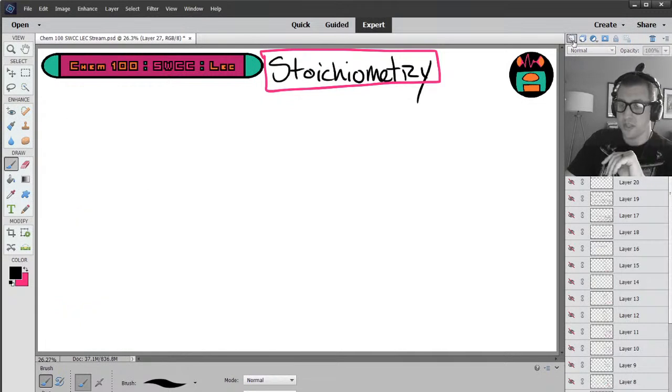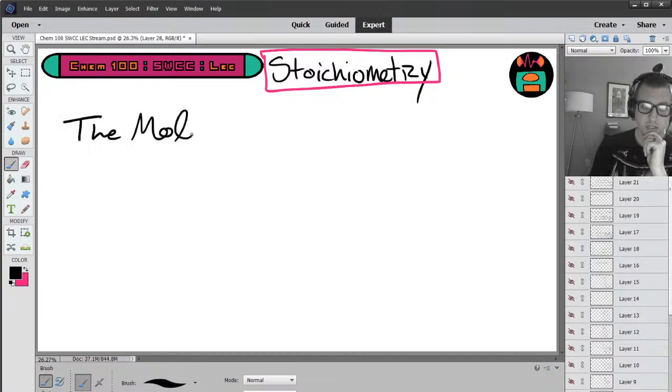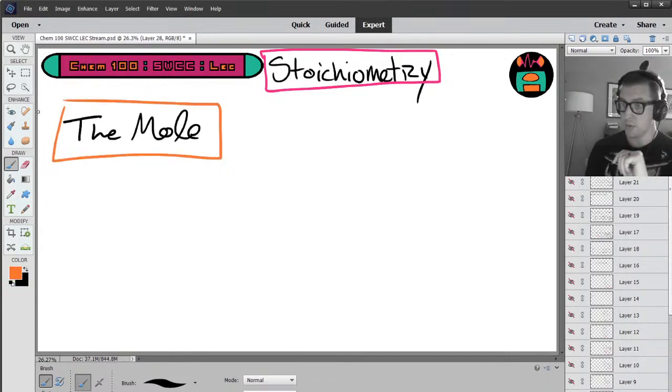All right, with all of that rhetoric laid down, what is stoichiometry? Well, every conversation about stoichiometry begins with a conversation about the mole. And I'm not talking about a blind burrowing mammal.